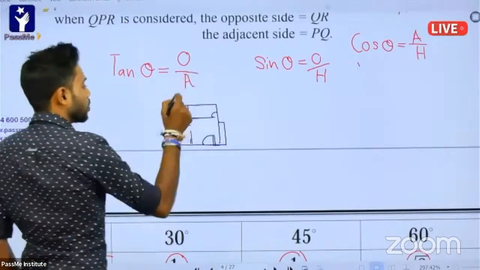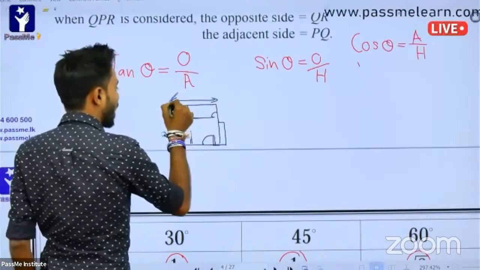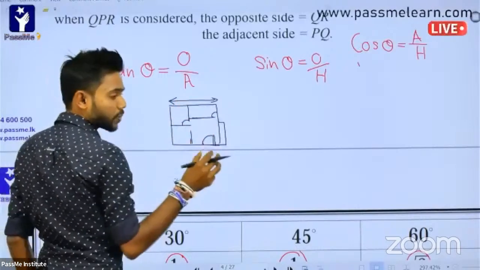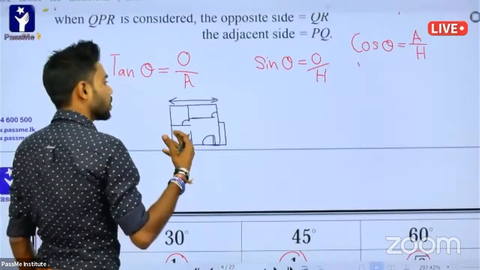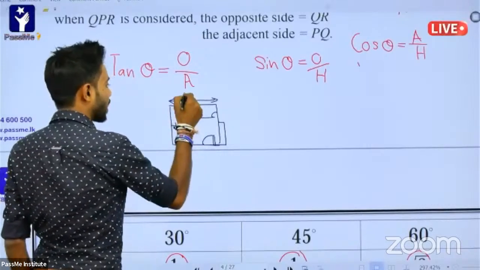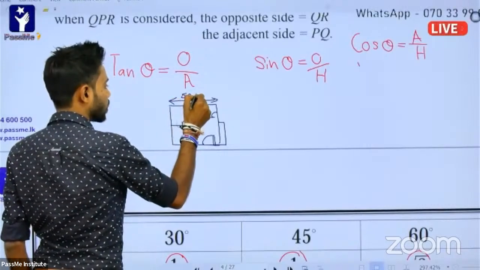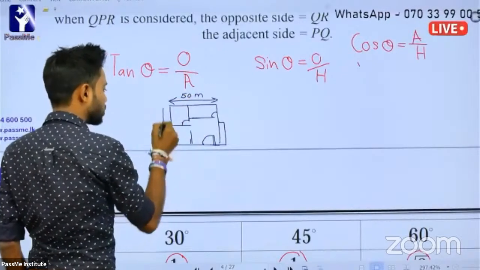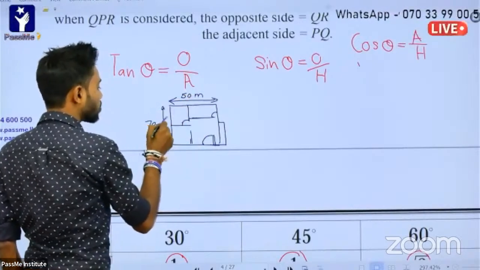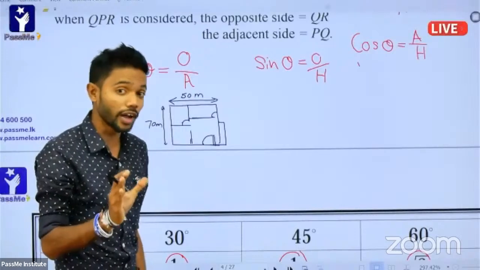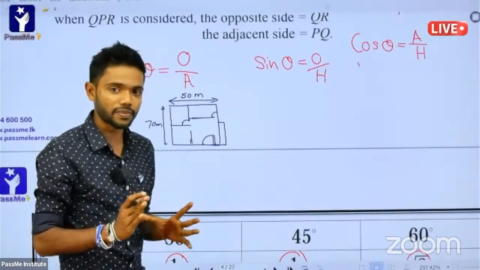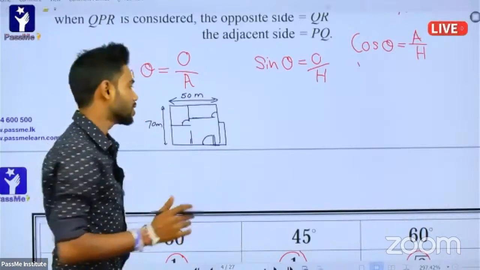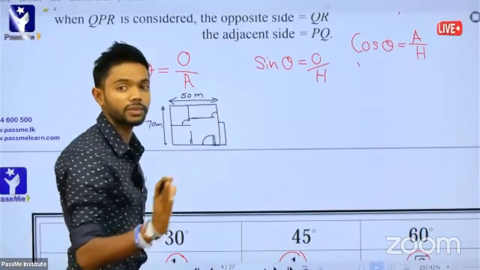But when we are designing this plan, usually we will insert only the most valuable data like 50 meter and 70 meter. We are not mentioning all the data. Why? We have already drawn a scale diagram. Scale diagram in the sense you don't want to mention all the dimensions.